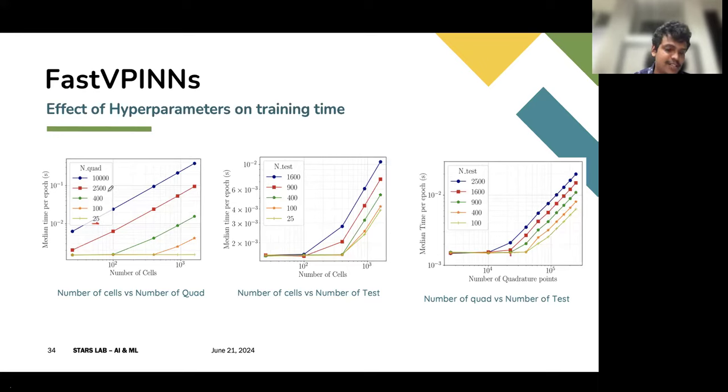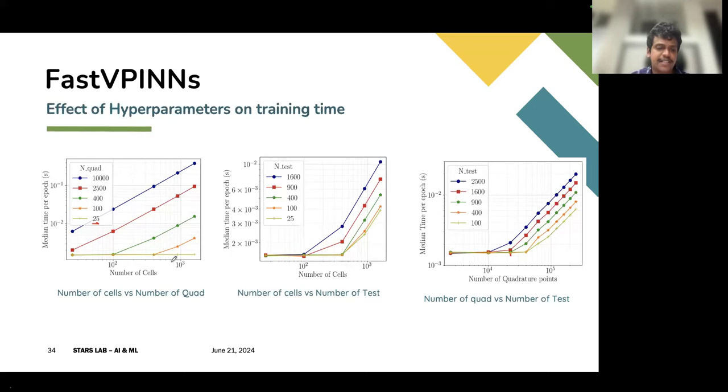If you increase to 100 quadrature points for each cell, then again there's a trend that you can see, which increases based on your number of quadrature points or test functions that you choose. But we wanted to push the graph to the other side to see how it scales for different parameters.